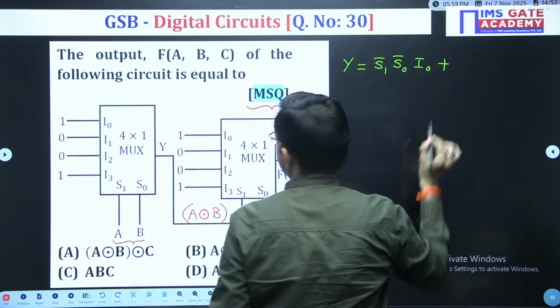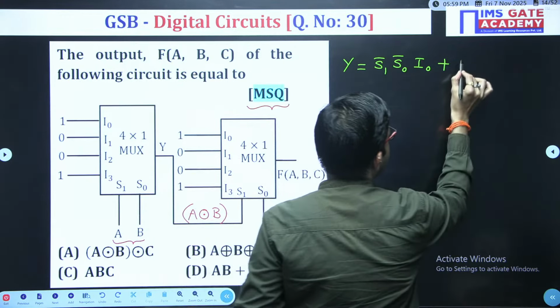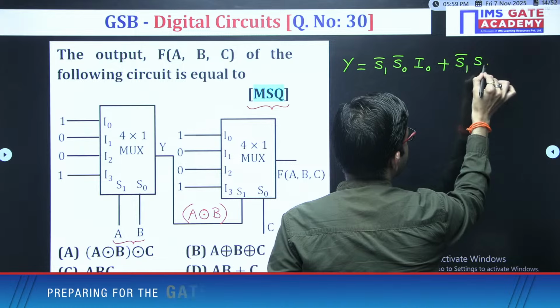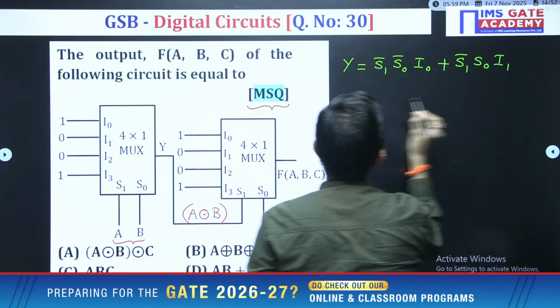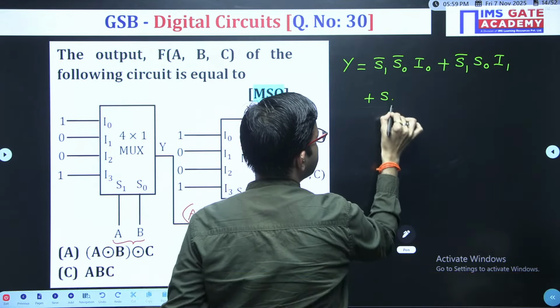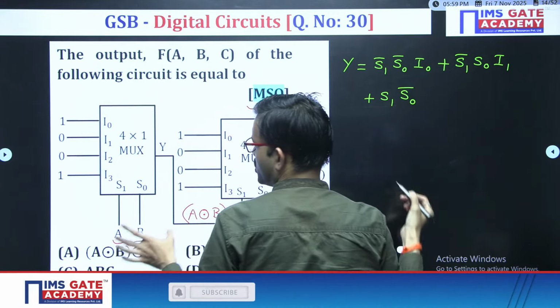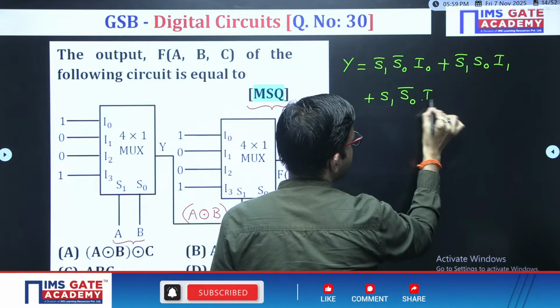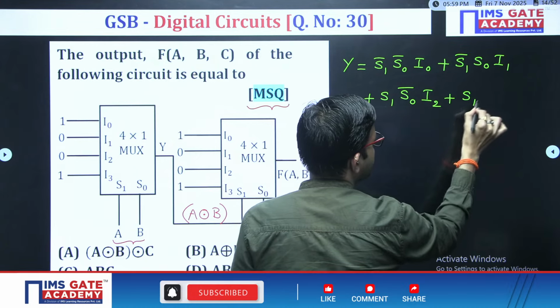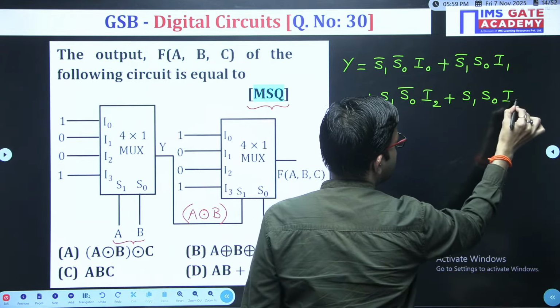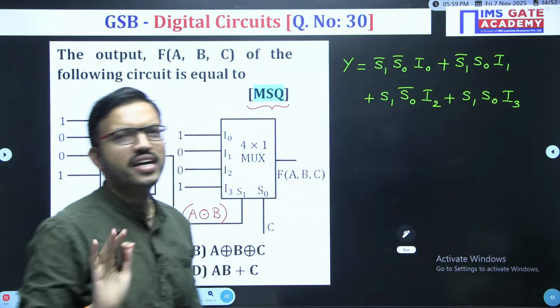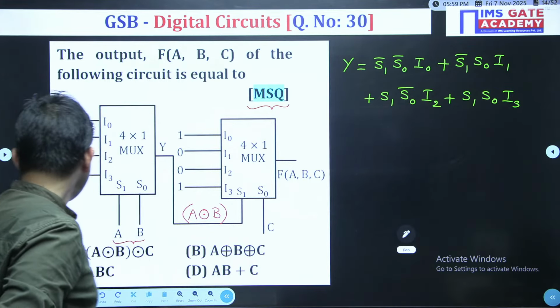In the 01 case I1 will be connected, like S1 bar S0 I1. Then the 10 case: S1 S0 bar I2 will be connected. Then the 11 case I3 will be connected. So this is the standard equation for a 4-to-1 mux. No need to memorize anything.